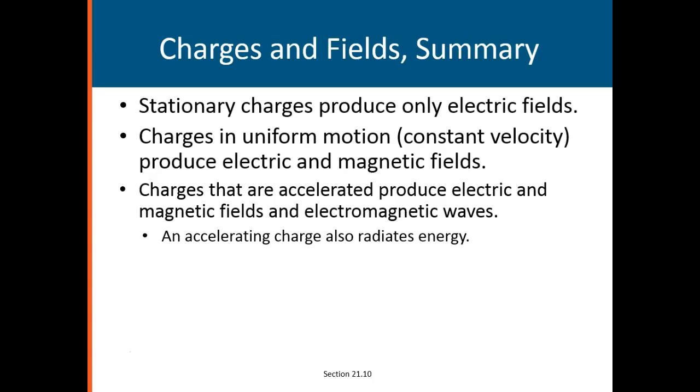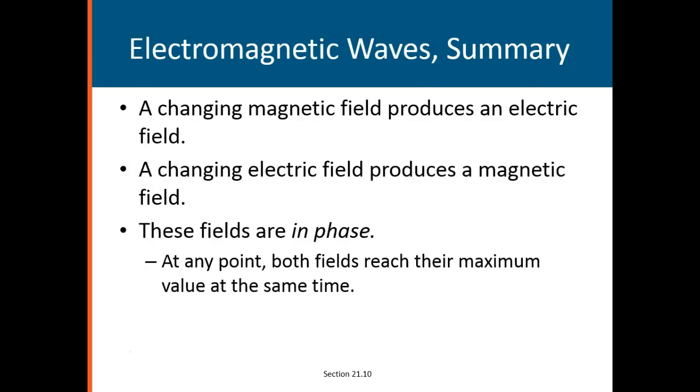There's the key. Now, a changing magnetic field produces an electric field. A changing electric field produces a magnetic field. Those fields are in phase, and at any point, both fields reach their maximum value at the same time. Now, that's how they illustrate it.